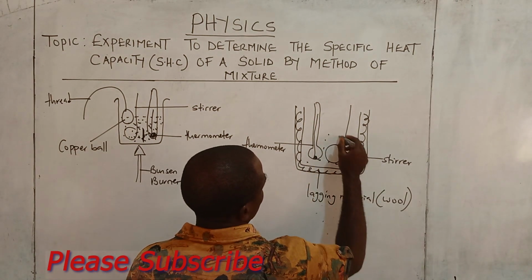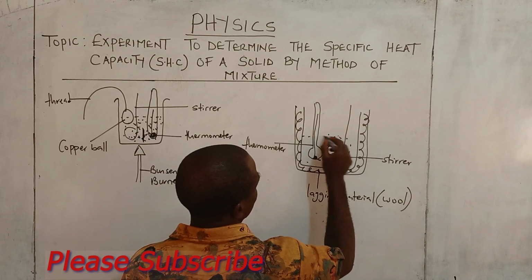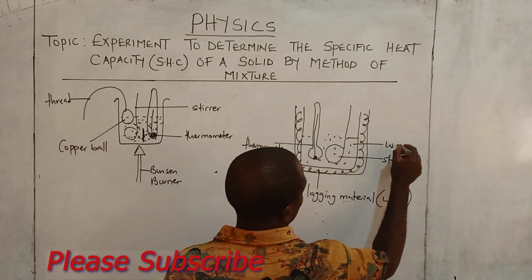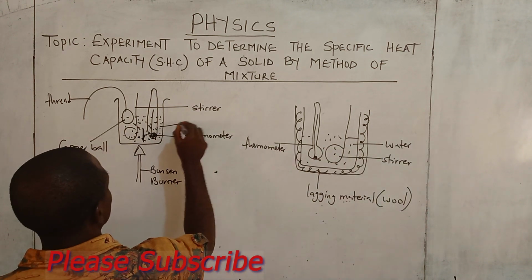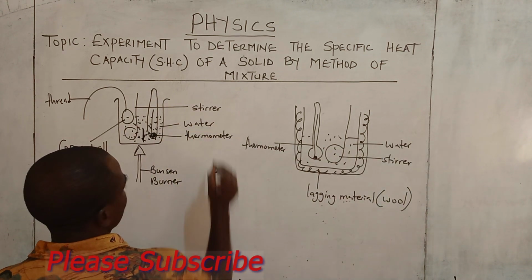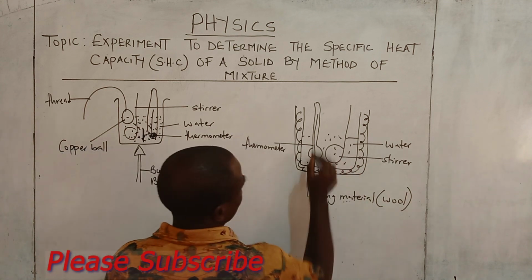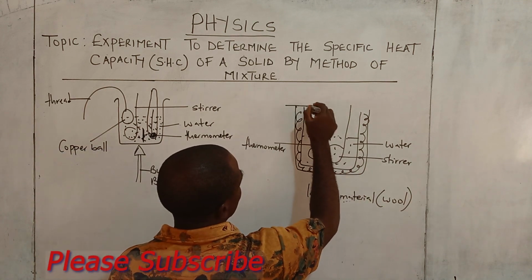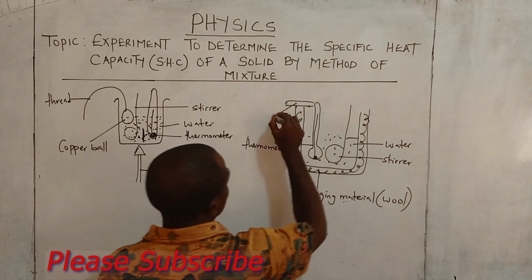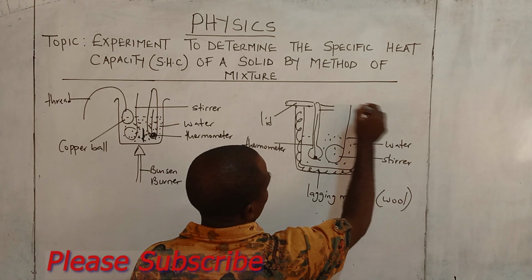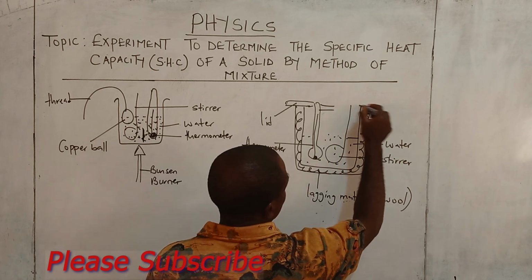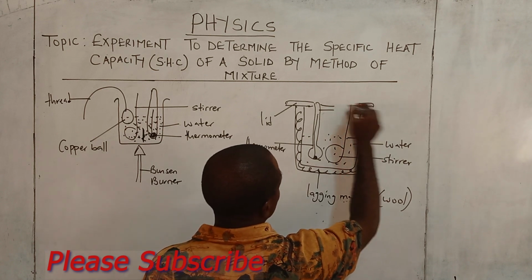We have the water here. Here also we have water. And we have the lid to cover the uppermost part of the calorimeter to prevent heat loss to the surrounding.